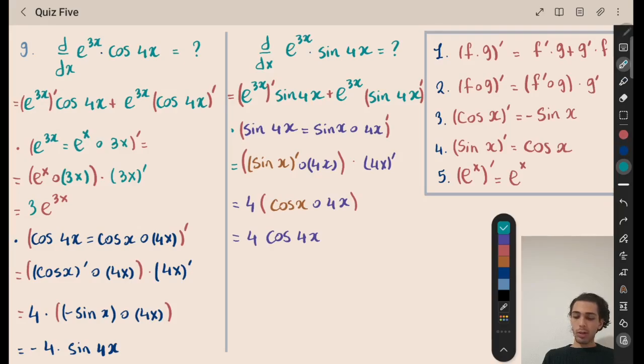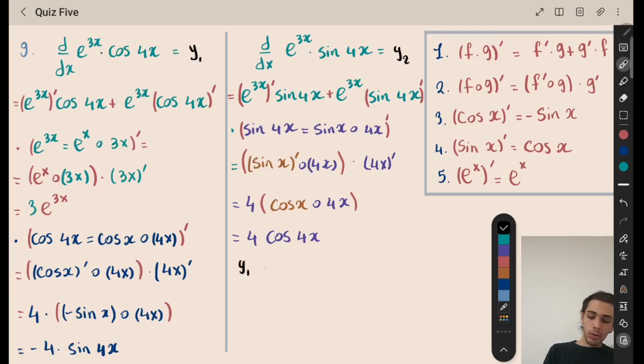Okay, I still need to write down the solution. Maybe I'll call this y1, and I'll call this y2.